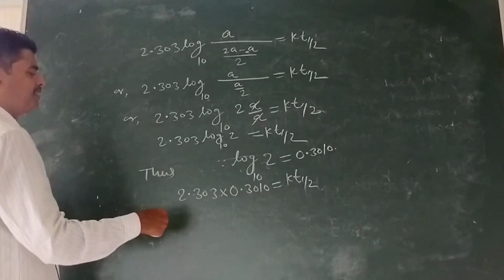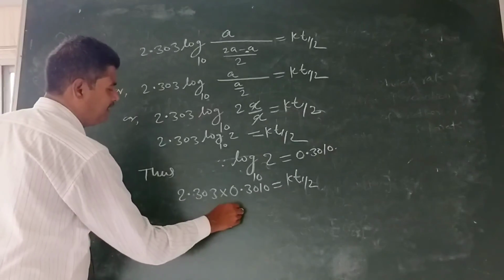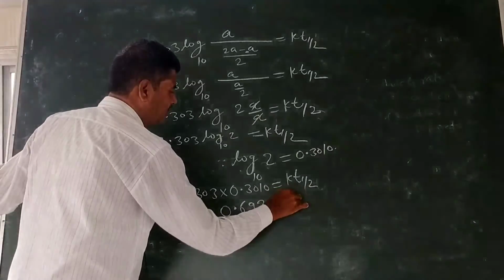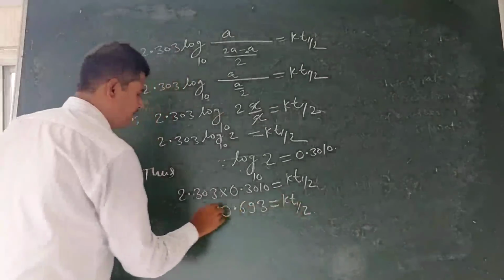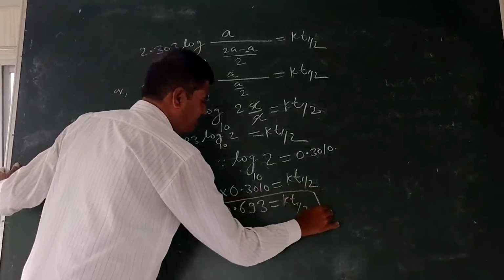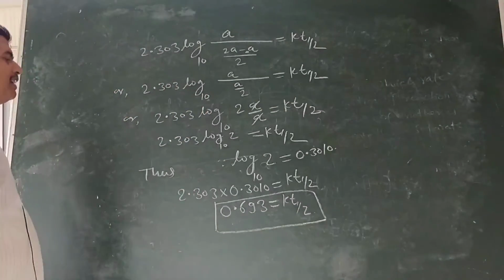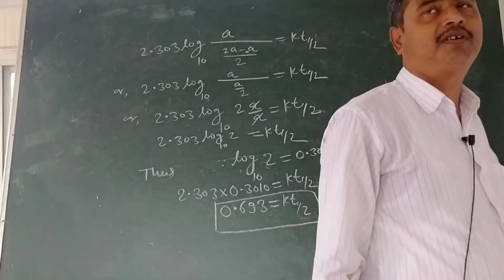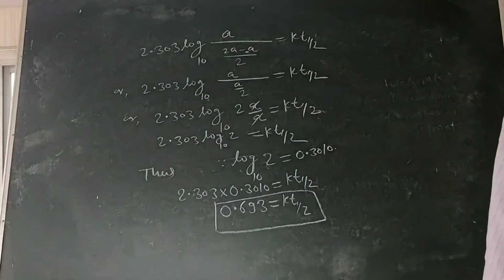After multiplication, we will get 0.693 is equal to k t half. So this is the relation between the velocity constant and half-life time for the first order reaction.